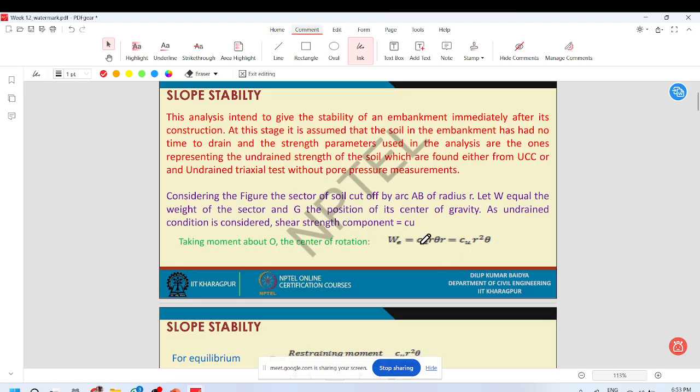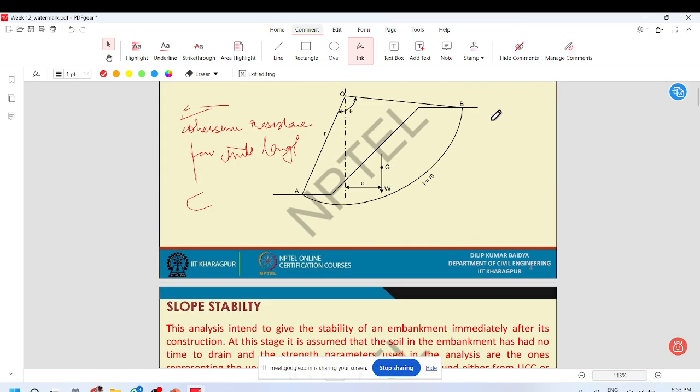Then you take the moment, calculate the driving and the resisting forces.